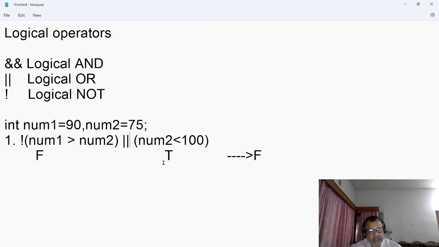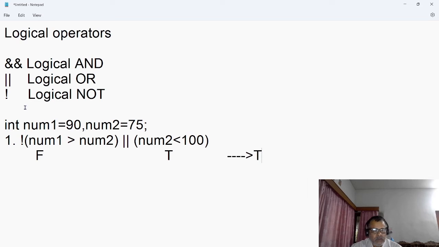Then what will happen? It is true. Both results will be true, because as we have discussed right now, in the case of the logical OR operator, if any of the expressions is true, we are going to get true.